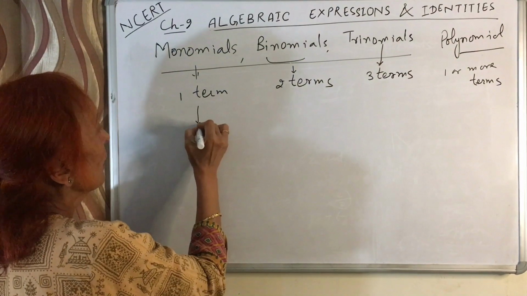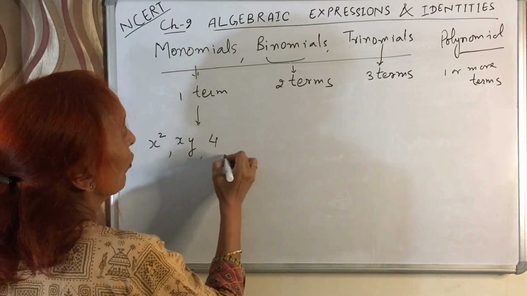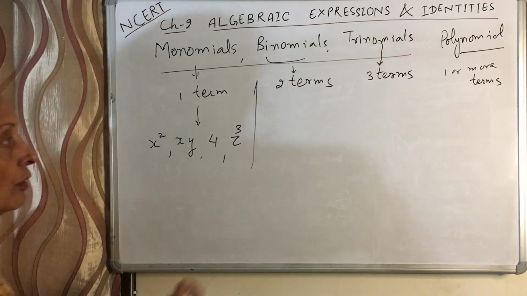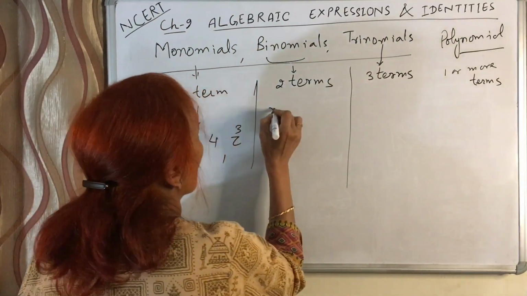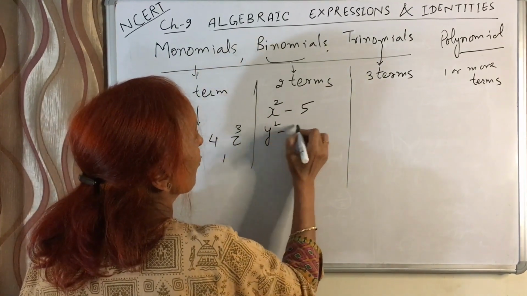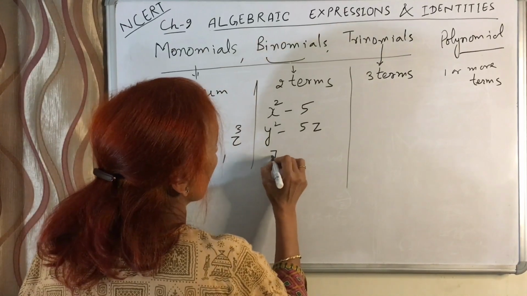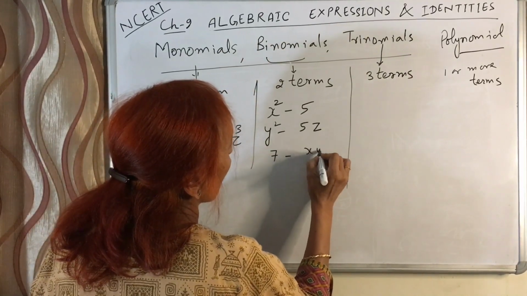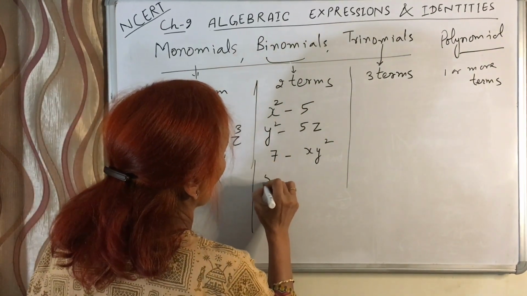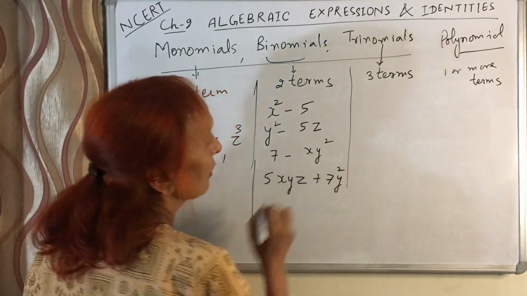Say for example, x square, xy, 4, z cube, these are monomials, one term each. x square minus 5, y square minus 5z, 7 minus xy square, 5xyz plus 7y square.